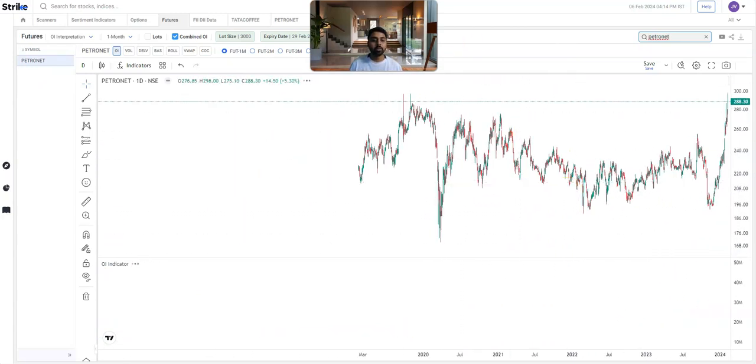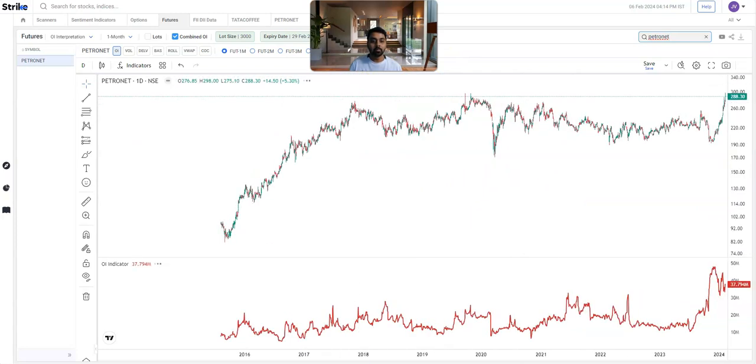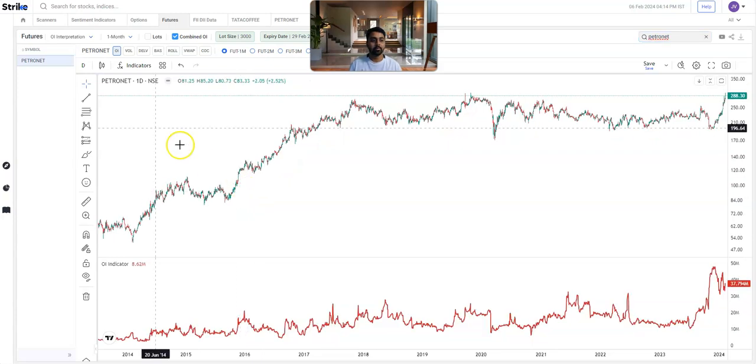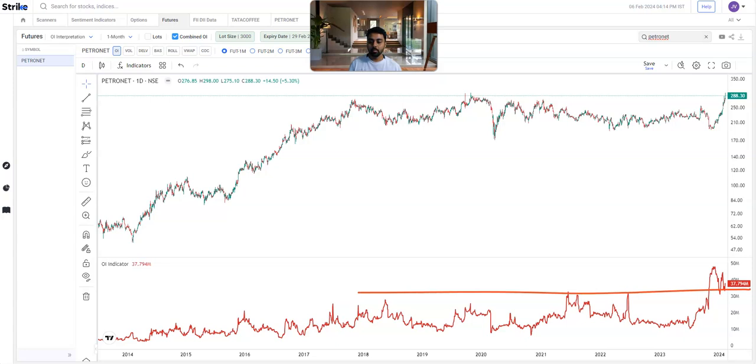over here you can see that there is a range breakout that we are seeing in Petronet, and in fact the open interest is sustaining at the higher level as well. But what you see over here is a clear price trend reversal.